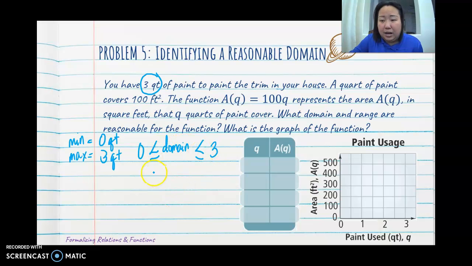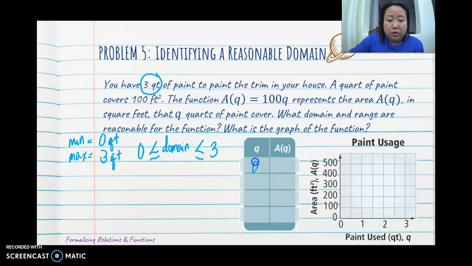So any value between 0 and 3 is our reasonable domain. Make sense? Now how do we know what the reasonable range is? If we know that our domain, our x values, is somewhere between 0 and 3, then we can plug it into our values here.